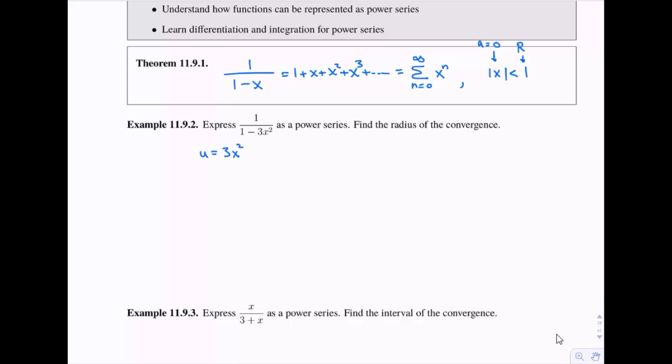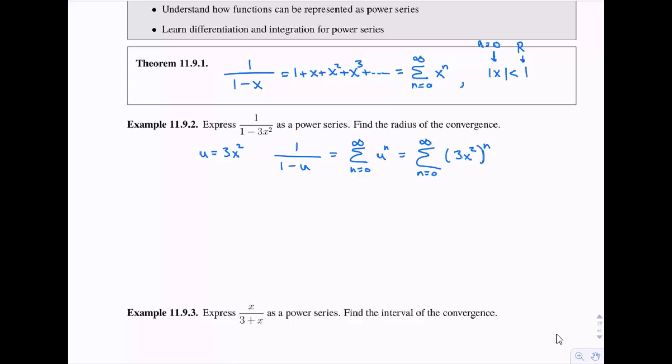So here I have 1 over 1 minus 3x squared. I'd like to think of u as 3x squared, because then I would have 1 over 1 minus u. So this would be the sum from n equals 0 to infinity of u to the n. Let's substitute back in. This would be the sum from n equals 0 to infinity of 3x squared to the n.